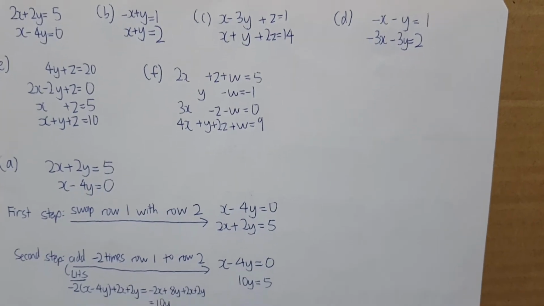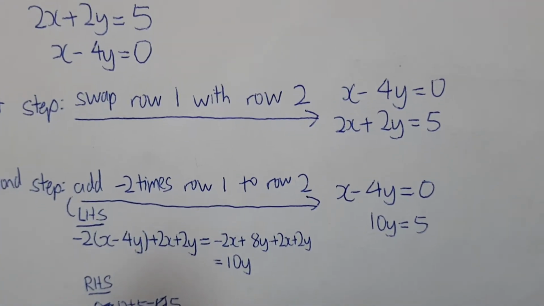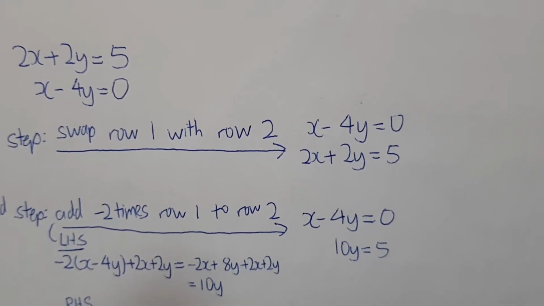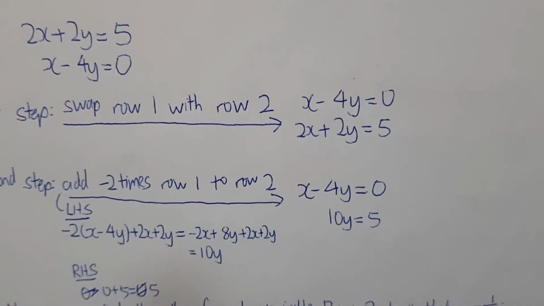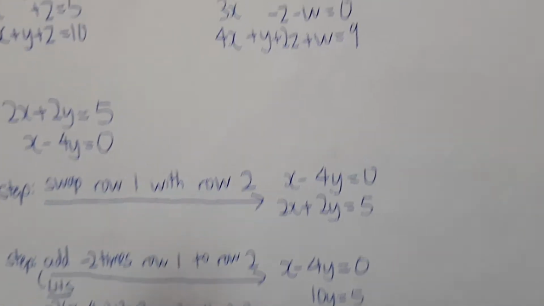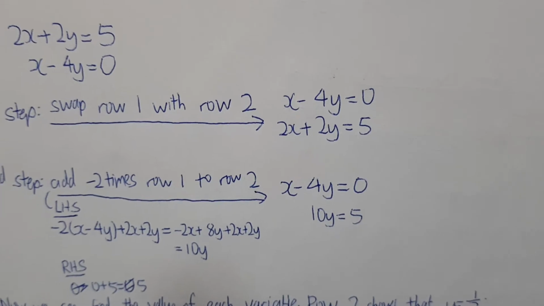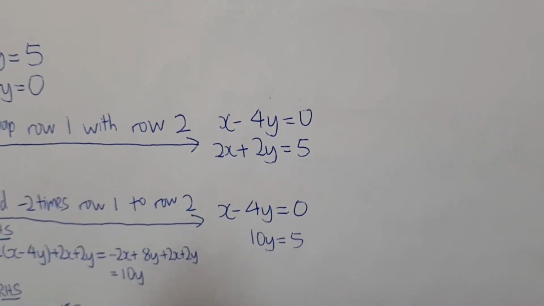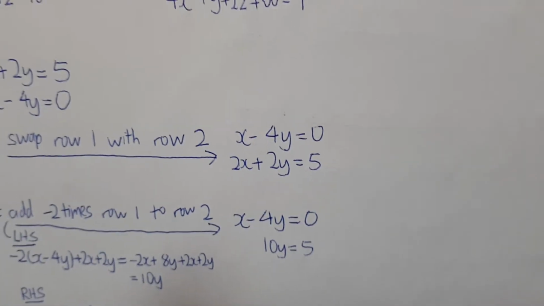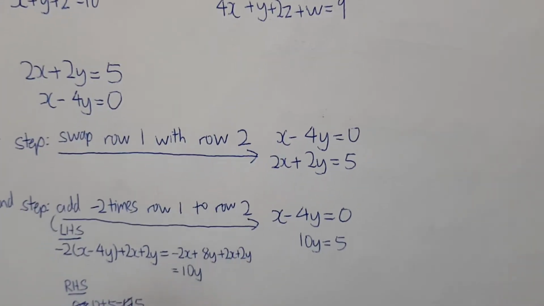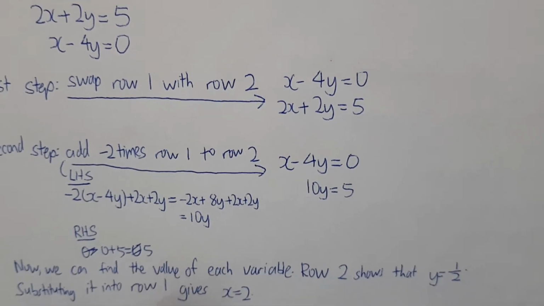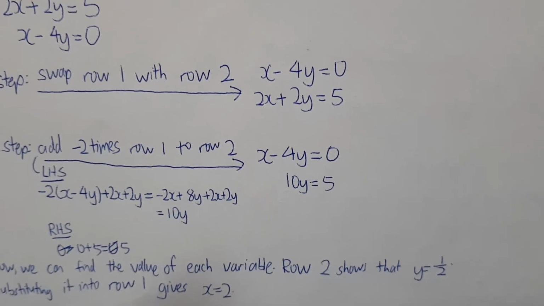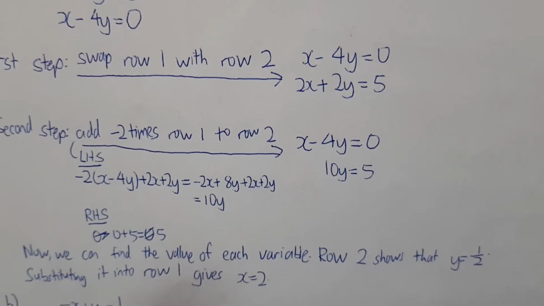The left hand side will be minus 2x minus 4y plus 2x plus 2y, which gives me 10y. On the right hand side, 0 plus 5 gives me 5. Hence, this will be my transformed equation: x minus 4y equals 0 and 10y equals 5. Hence, I get into this echelon form, and I can find that y equals half, and when I substitute into my first row, I get x equals 2.